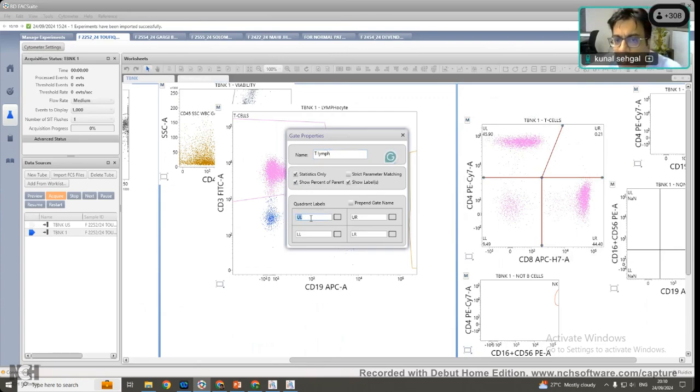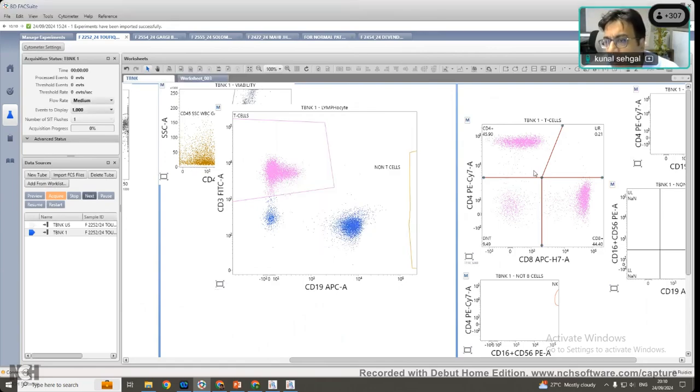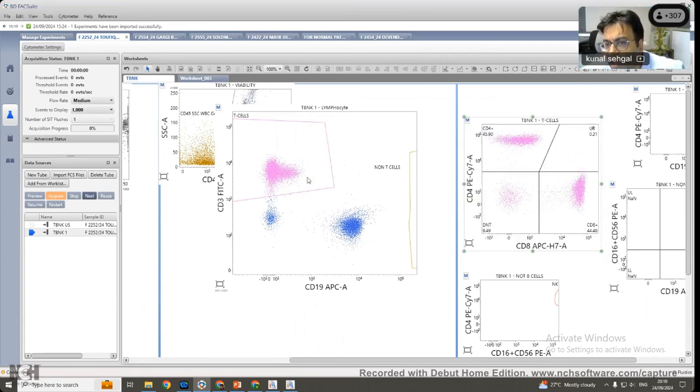Upper left is going to be CD4 positive, lower right is going to be CD8 positive, lower left is going to be double negative T cells, and upper right may be a few double positive T cells, which I am not showing right now. If I draw a quadrant, you get the percentages written over there, and you can get the CD4 to CD8 ratio. So I have already studied T cells and the subsets of T cells, but you say I would like to study the remaining subsets of lymphocytes.